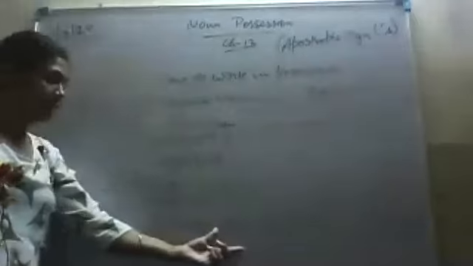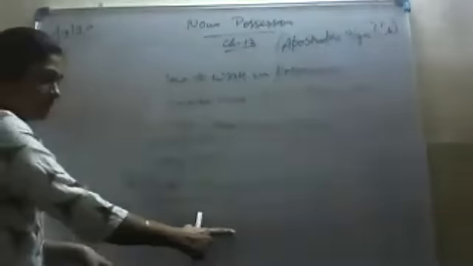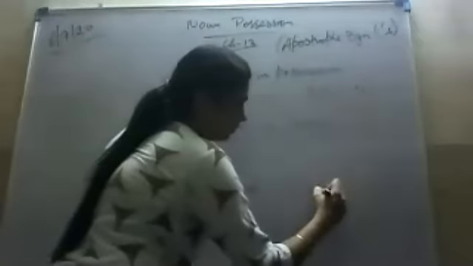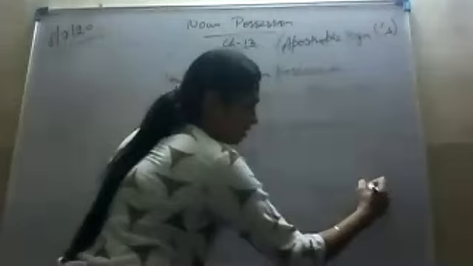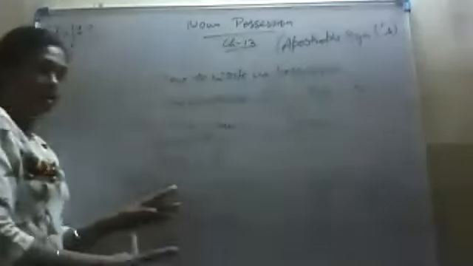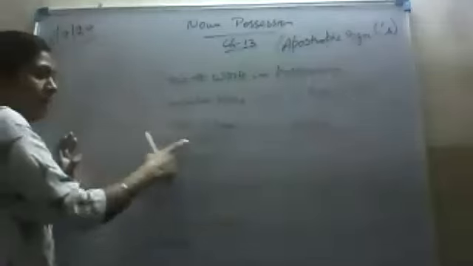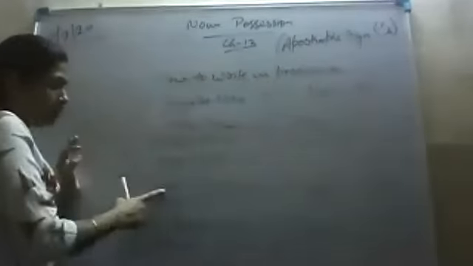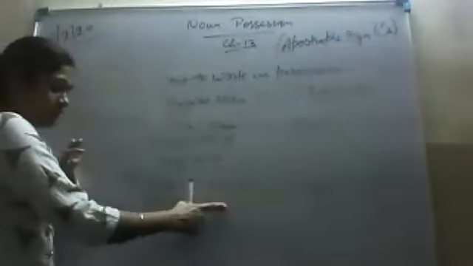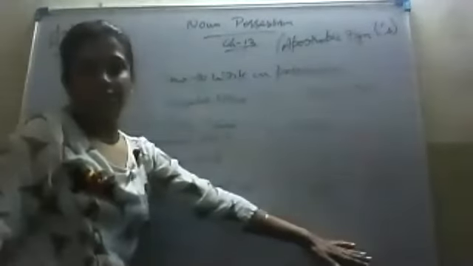These are some of the plural nouns which do not end with S. Their vowel is changed. So in this case also, to show possession using the apostrophe sign, we add apostrophe and S. Is it clear? Only apostrophe is used when the noun is plural ending with S, and if the plural noun is not ending with S, that is, their vowel is changed, in that case we use apostrophe S.